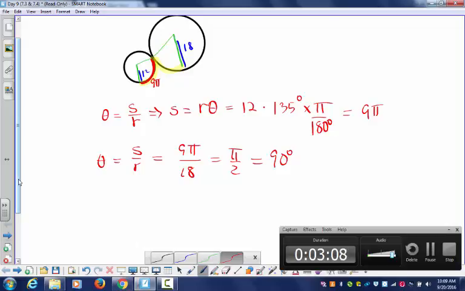Now if you wanted to get at it with the ratio thing, you could say this to yourself. The angle in the bigger one has to be smaller. So if you take the angle in the smaller one, you have to multiply it by a fraction that is less than 1 so that you can reduce the 135.